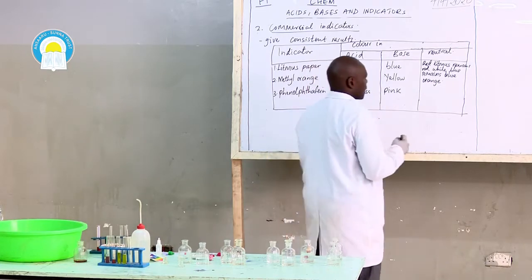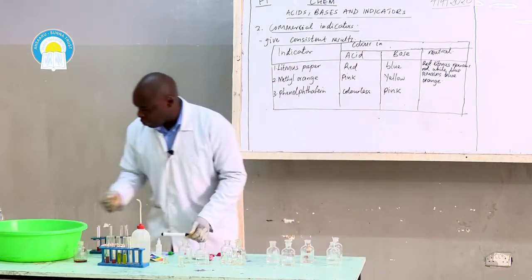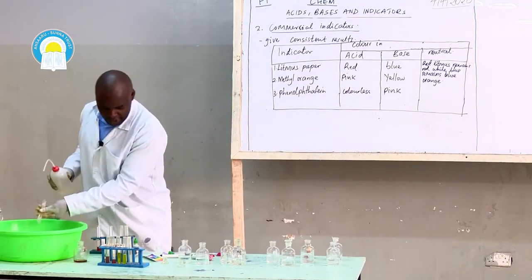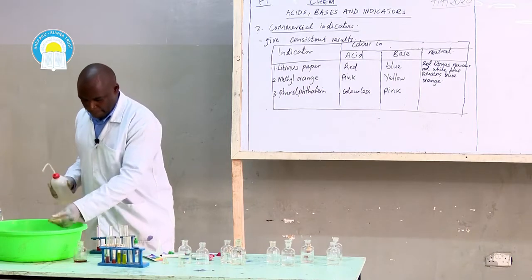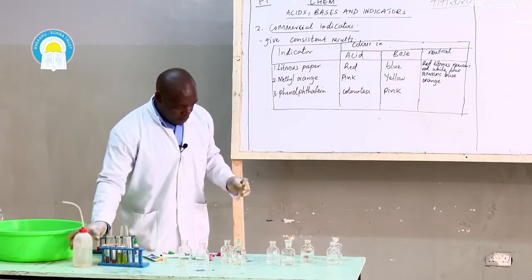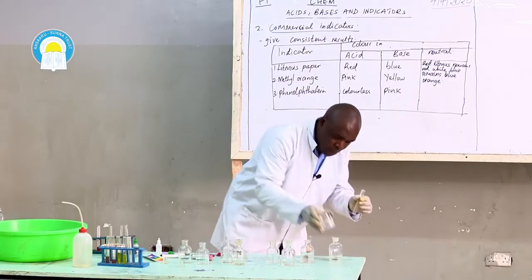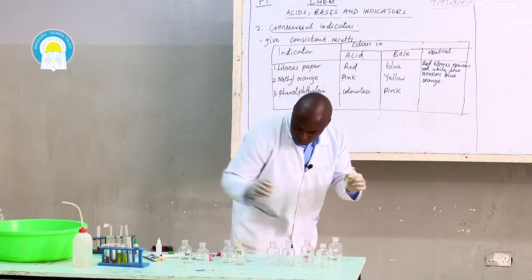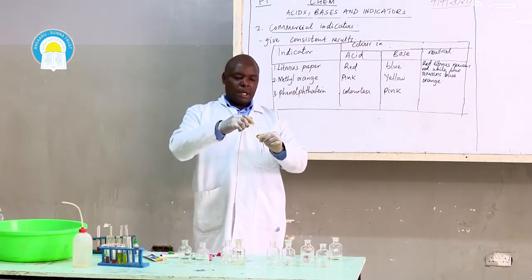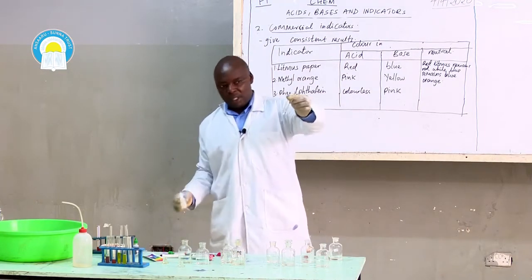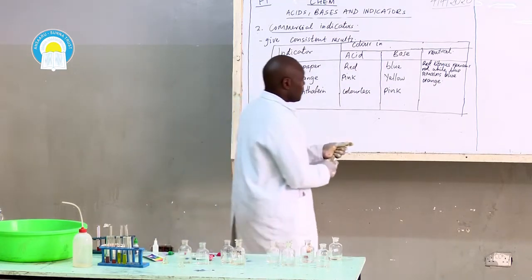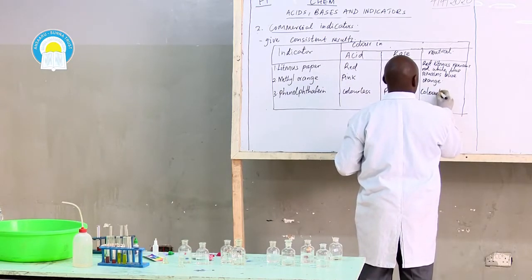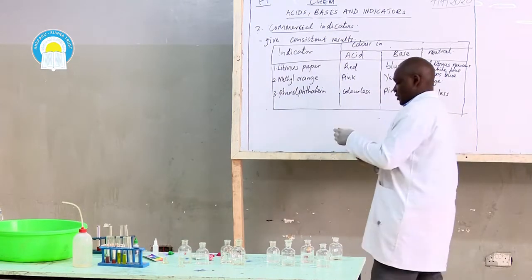Now the color in a neutral substance like sodium chloride: phenolphthalein indicator in a neutral substance is colorless. Phenolphthalein in a neutral substance is colorless.